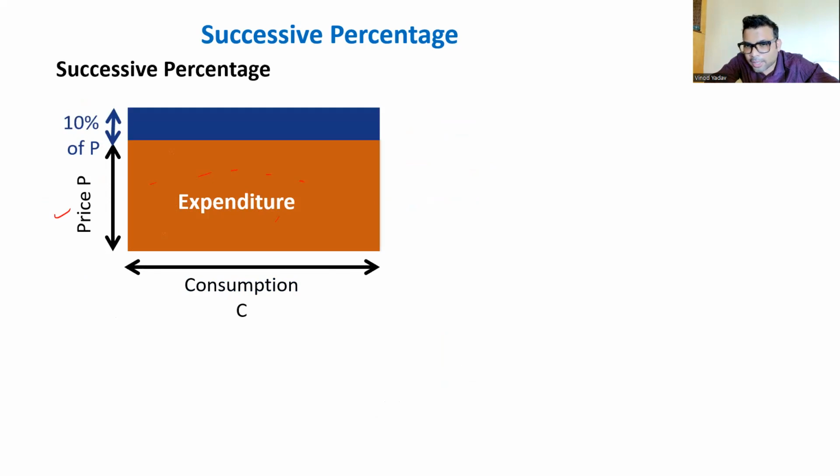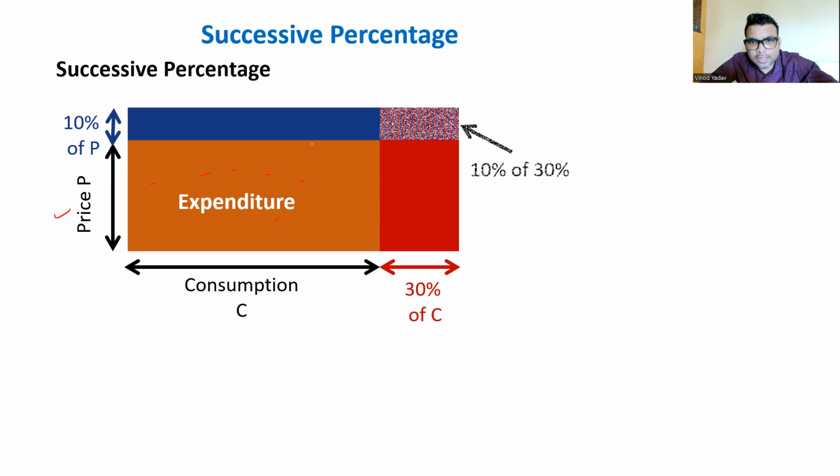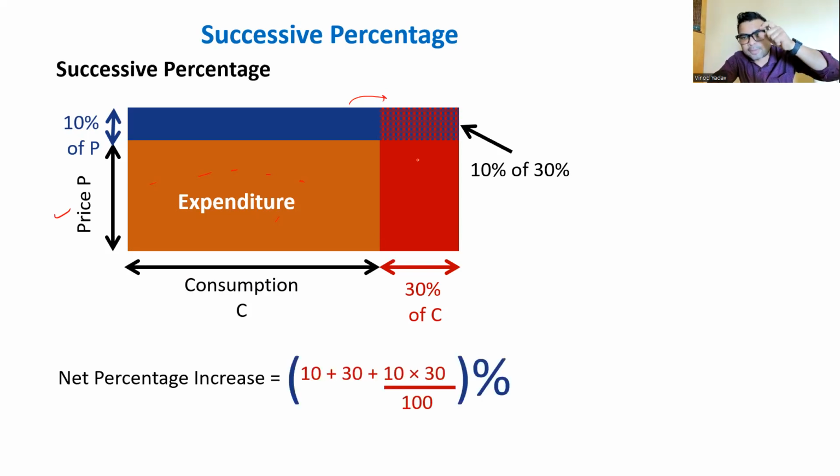Consumption increased by 30%. Now that top right corner, don't you feel it is like increase this blue portion by 30% to match it, or this red portion should go above by 10% to match it and complete the rectangle? Yes, so overall increase now, if you see that blue portion plus red and blue together, is 10% plus 30% plus 10% of 30%, right?